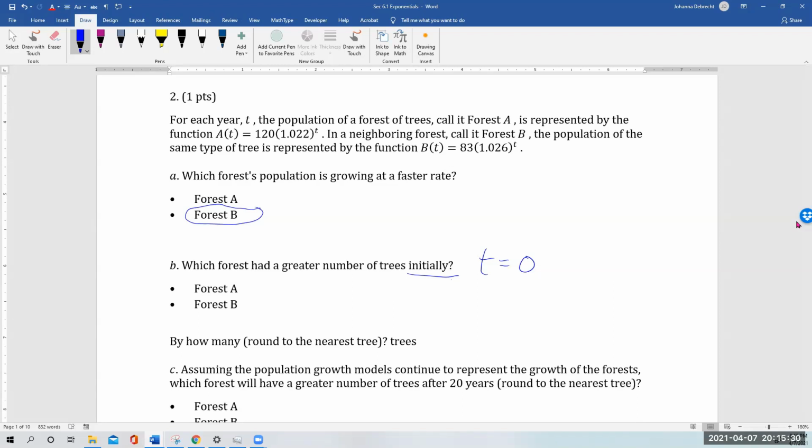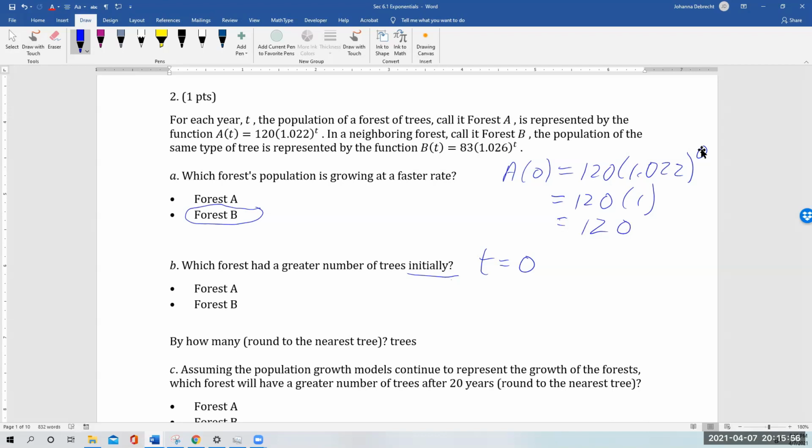So that means that for forest A, A of 0 would be equal to 120 times 1.022 raised to the 0th power, which is 120 times 1. That means the value is 120 trees initially.